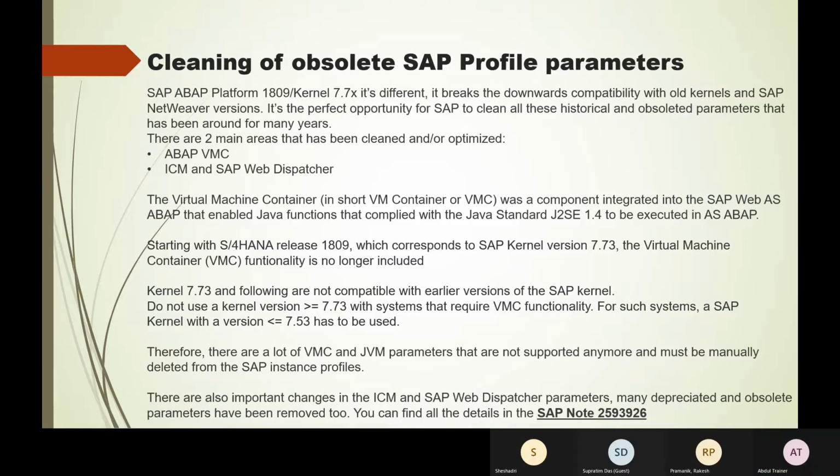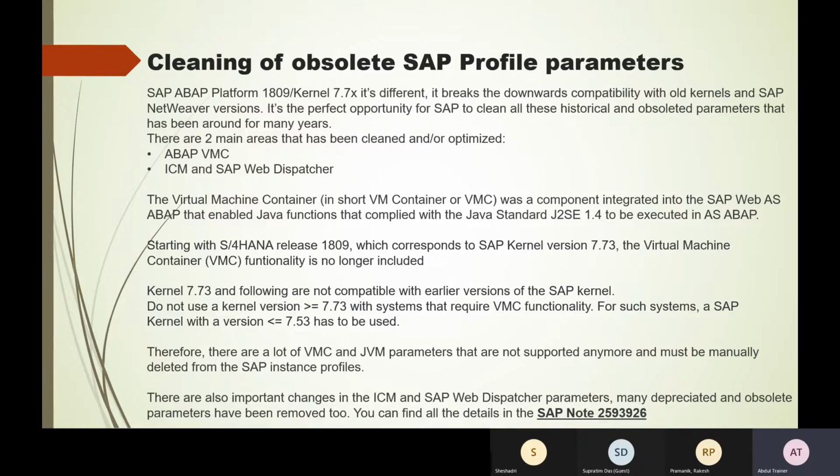Then some of the SAP profile parameters are obsolete in S4HANA systems. For SAP ABAP platform 1809, the kernel we have is 7.7. It is different, and it breaks the downward compatibility with old kernels and SAP NetWeaver versions.